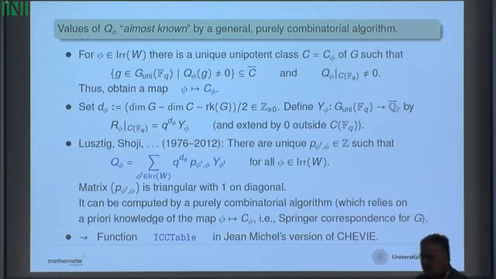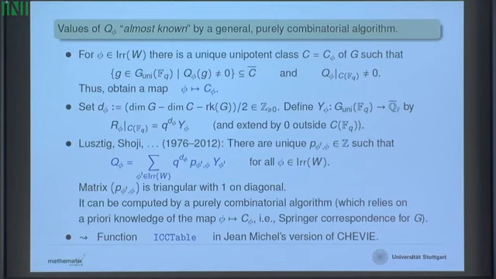You give as input a group and a prime, and it spits out this matrix of these p's there. So this is just an algorithm which relies on the knowledge of the Springer correspondence, which is available by tables for the exceptional groups or combinatorial algorithms for classical groups.